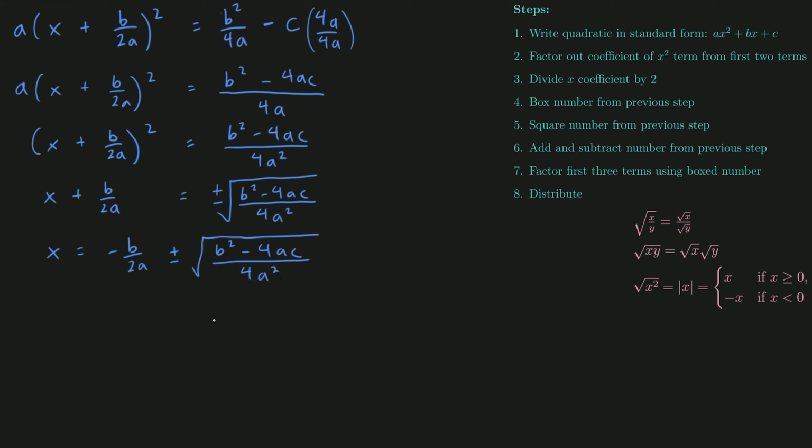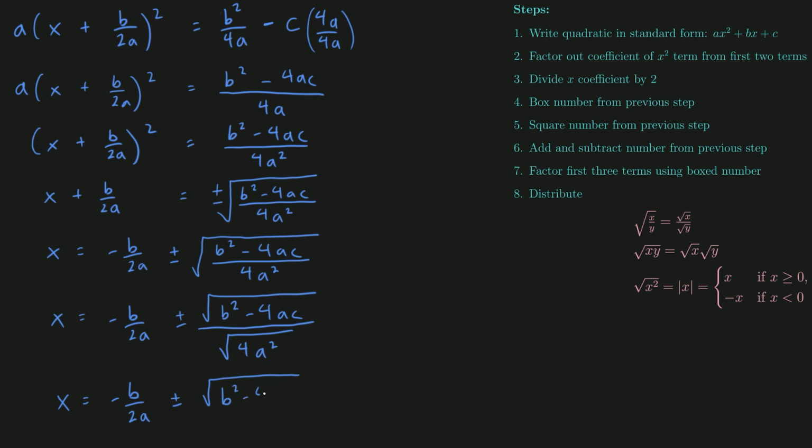Now we'll apply our first property of radicals that says we can apply the radical to both the numerator and the denominator in this term. So x equals negative b over 2a plus or minus the square root of b squared minus 4ac over the square root of 4a squared.